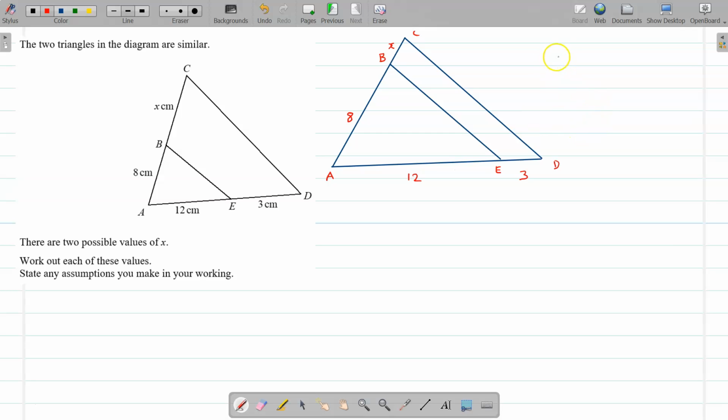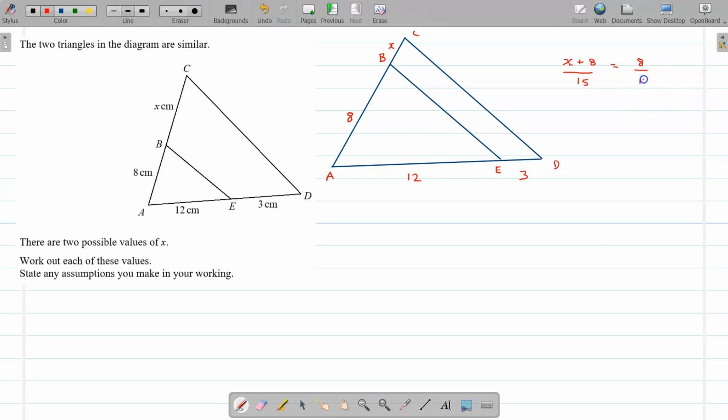But just to show the working, I would say that x plus 8, that's the total length of the large triangle down the side AC, if I divide that by 15, I get exactly the same as if I took the smaller triangle, which is just 8/12.